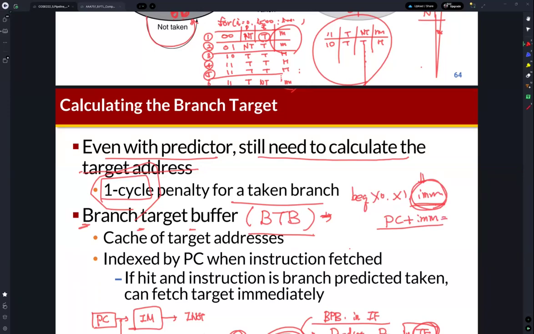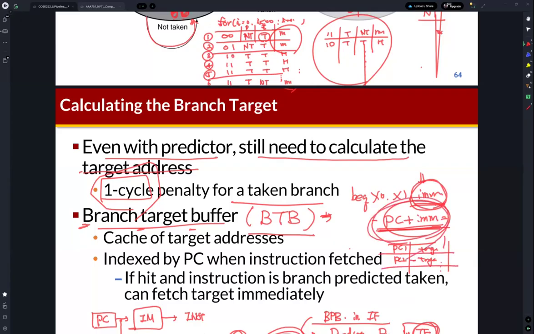So once we calculate the target of the branch instruction, we can use this target again and again. So using the branch target buffer, we just store the target: PC1 target, PC2 target, and so on.